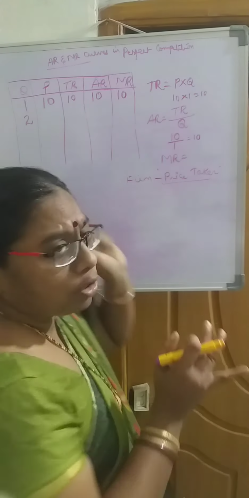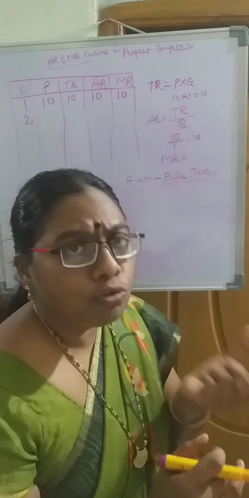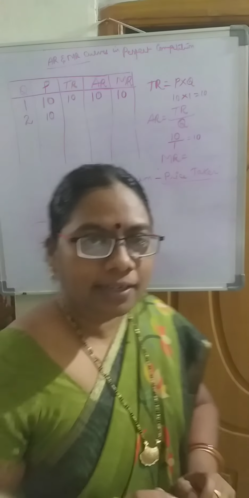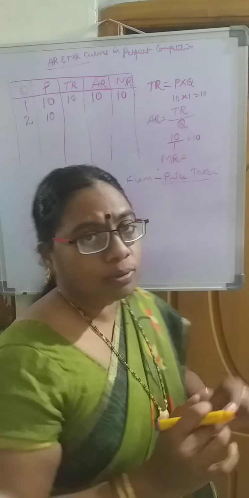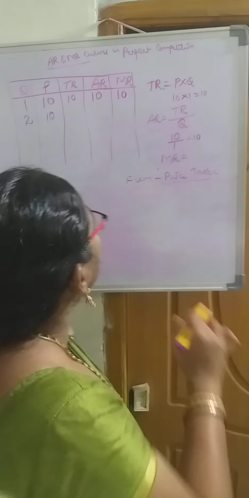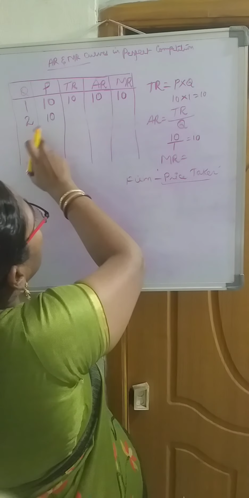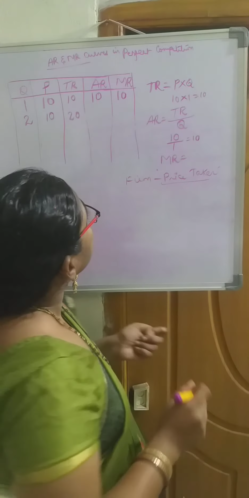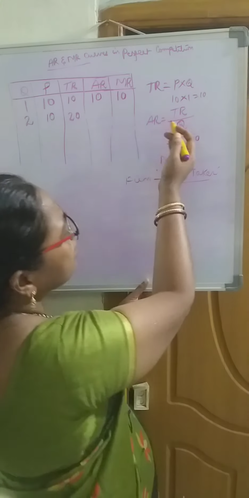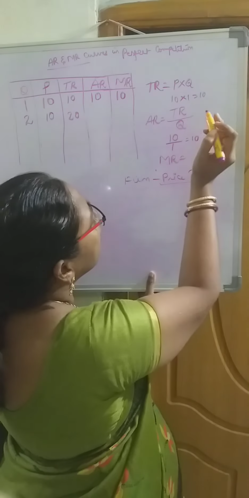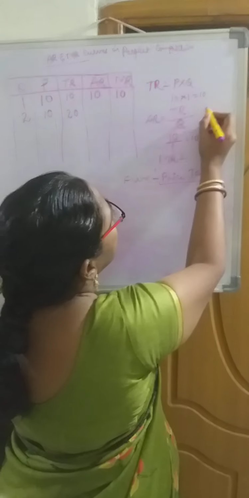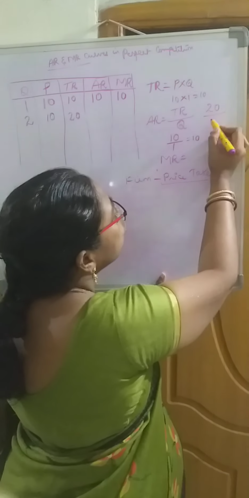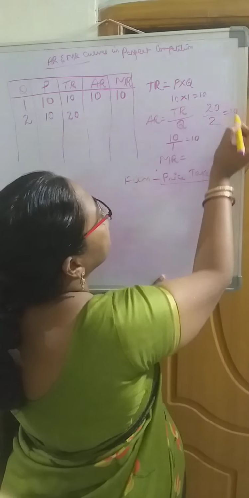So if it wants to sell two products, still it has to sell each product at 10 rupees only, as it is only a price taker. Now what is the total revenue? 2 into 10 or 10 into 2, you get 20. Now what is AR? As I've told you, AR is equal to TR by Q, and here TR is 20 and the number of units is 2, so you get 10.